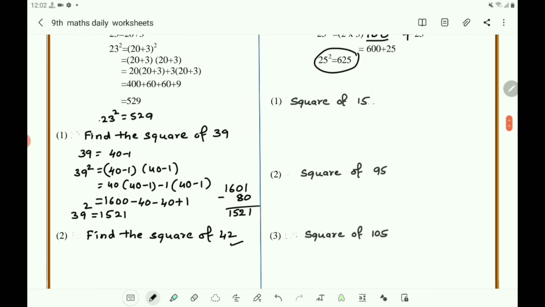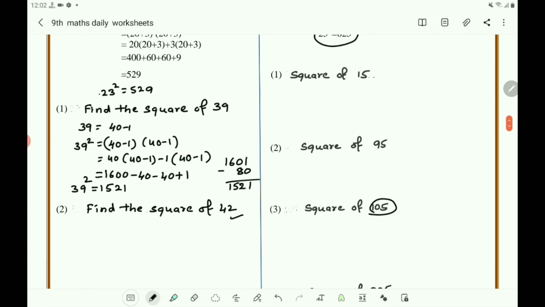Now, let us take one more example. Find the square of 105. Here you write 10 is there. The next number is 11. So 105 square is 10 into 11 into 100 plus 5 square.